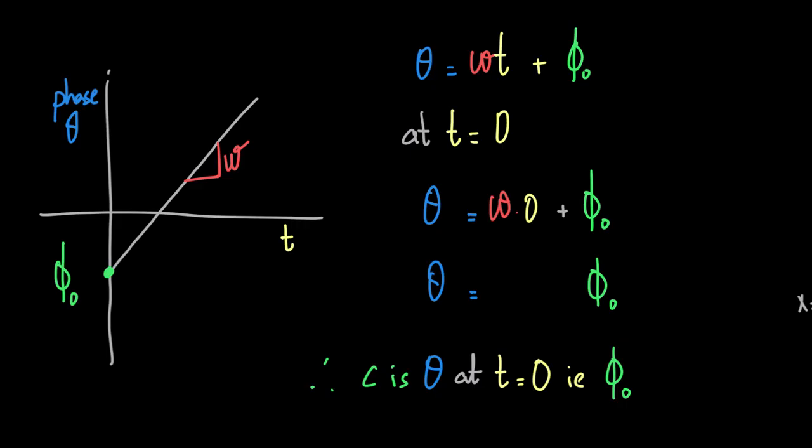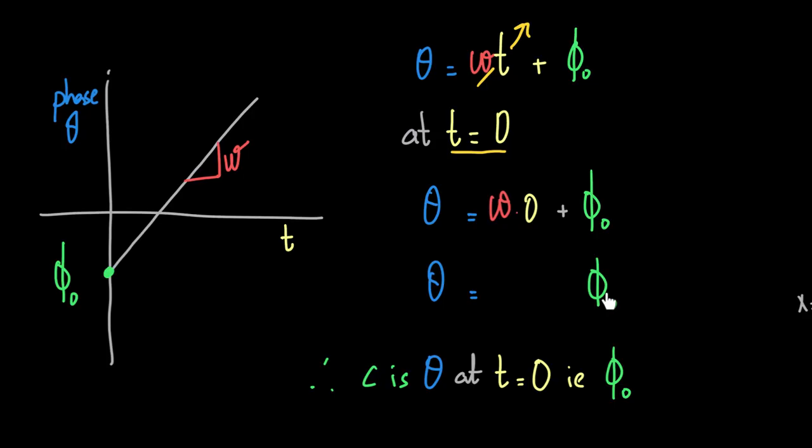To summarize this, phase versus time: theta is equal to omega t plus phi 0. This point here is phi 0. At t is equal to 0, if you substitute t is equal to 0 in this equation, omega t becomes 0, so theta is equal to 0 plus phi 0, which is phi 0.